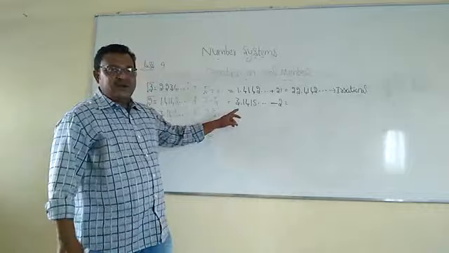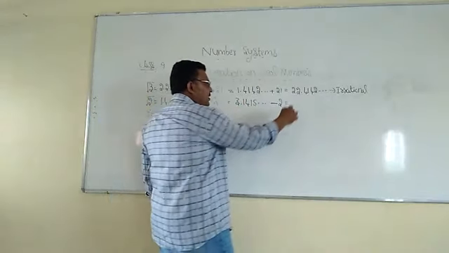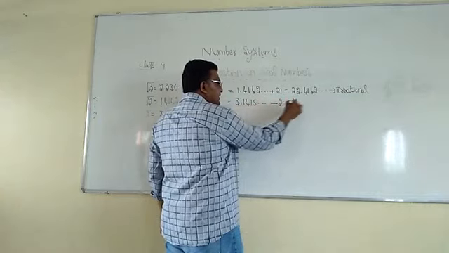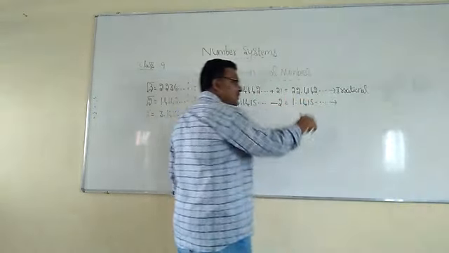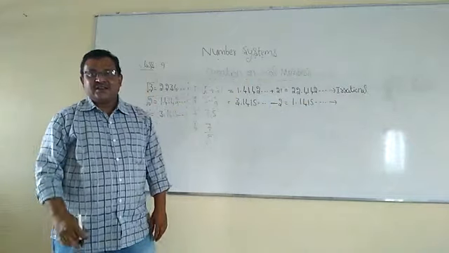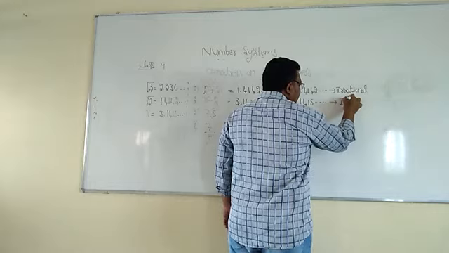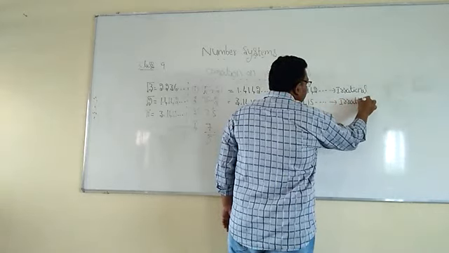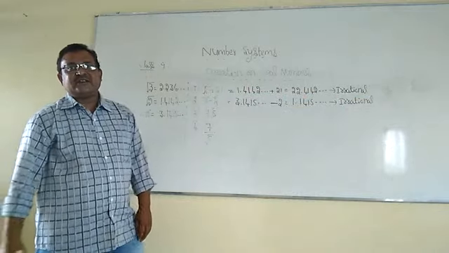So subtract only whole parts, that means subtract 2 from 3, then what will we get? 1, and the decimal part as it is, 1415 and so on and so on. So again it is an irrational number. So we can say the difference of one rational and one irrational is also irrational.